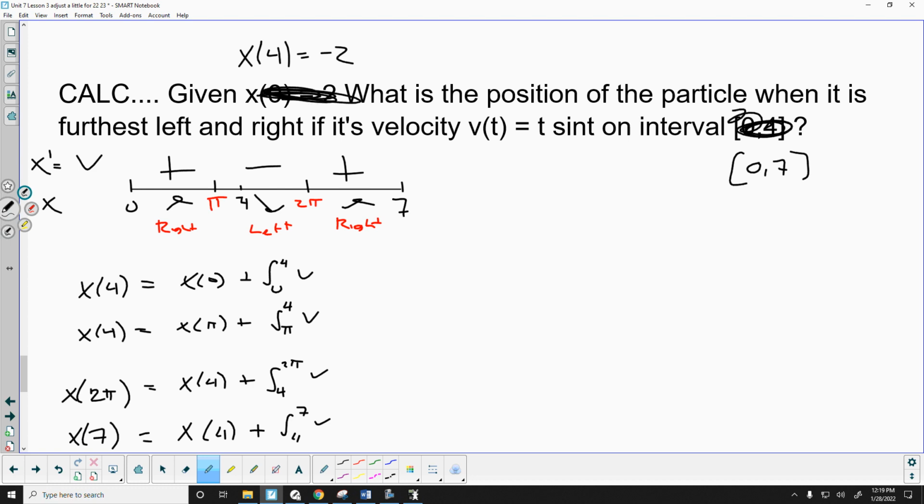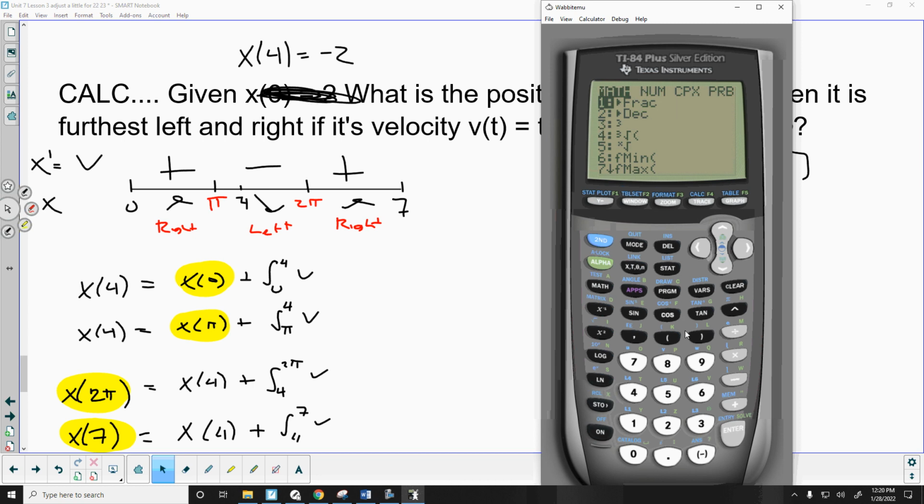Now, that's not as easy. My integrals are changing. It always includes 4, but maybe the unknowns are inside my formula in different places. So what am I going to do? I'm just going to focus on my integral, the math 9, starting with 0 to 4 of v, t sine t.